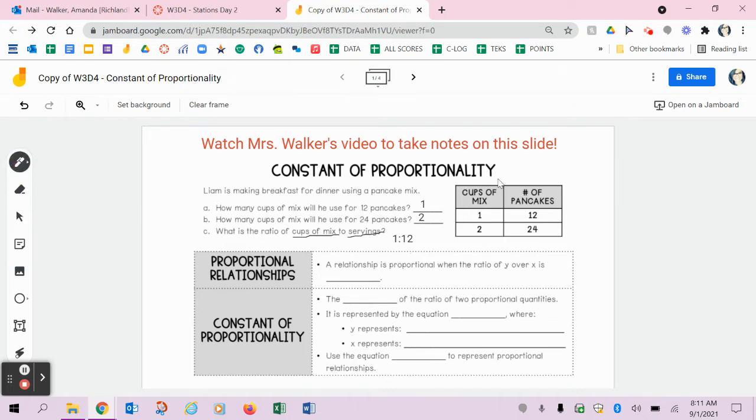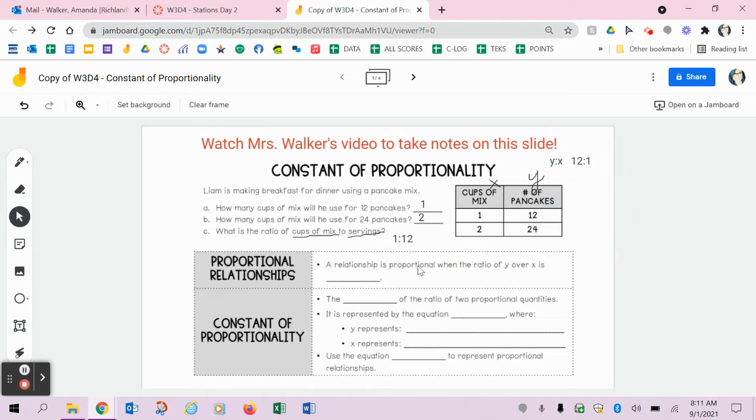Now, in reality, this would be your independent variable and this would be your dependent variable, because the number of pancakes made depends on this. So this might be a ratio of cups of mix to servings, but an actual constant of proportionality would be 12 to 1 because it's y to x. It'll be 12 to 1. So just keep that in mind as we start talking through this next section.